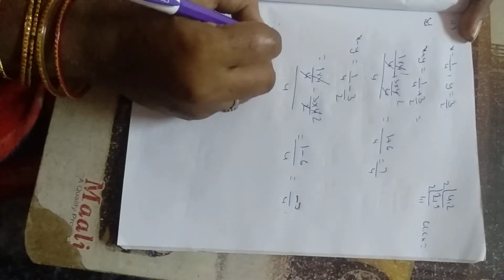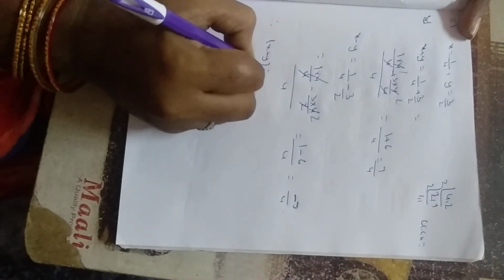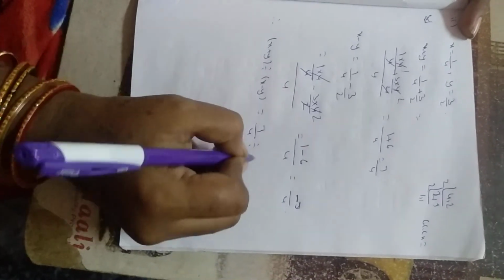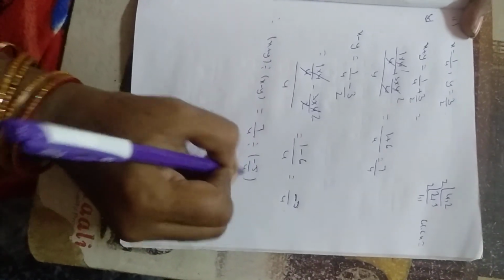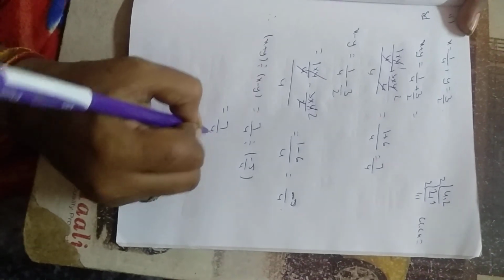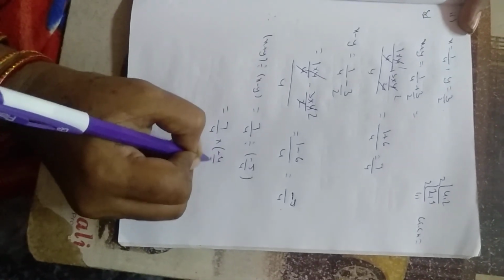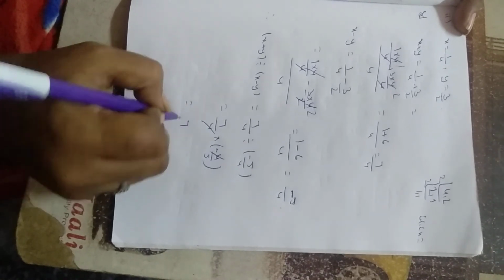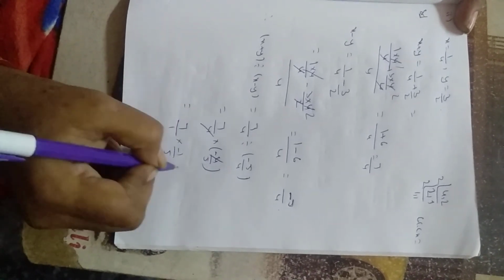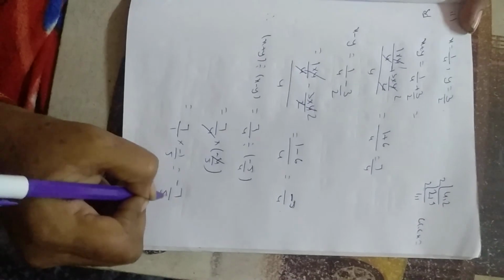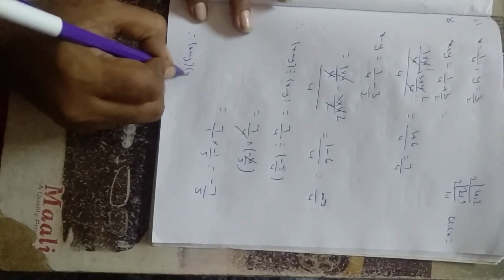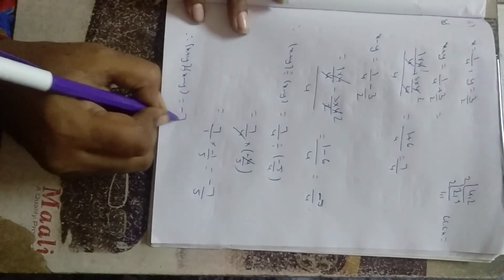Therefore, according to the problem, x plus y divided by x minus y equals 7 by 4 divided by minus 5 by 4, that equals 7 by 4 into minus 4 by 5. 4 4 cancel. So 7 by 1 into minus 1 by 5, that equals minus 7 by 5.